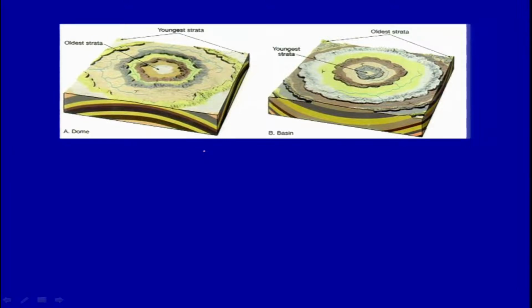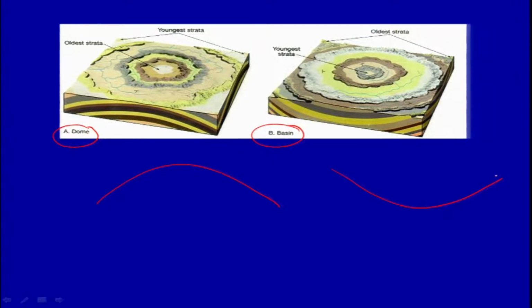Okay, like for example, it is very commonly seen, and you must be knowing about the domes and the basins. Okay. Now when we say dome, immediately we say that okay, fine, something like this. Okay, fine. And if we say basin, then it will be like this.